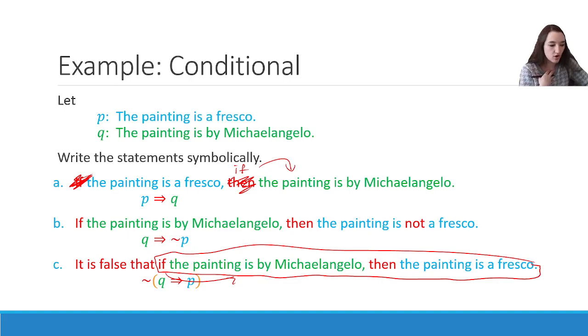So I know verbally we often say something like the painting is a fresco if the painting is by Michelangelo. But if I twist that around, it would be the same as saying if the painting is by Michelangelo, then the painting is a fresco, right? It means this. So if you put your ifs in the middle, you better know which direction that arrow is going.